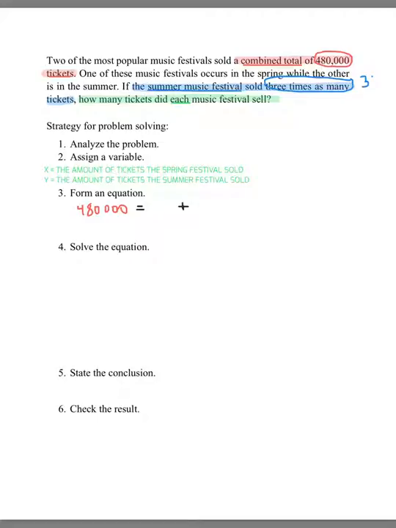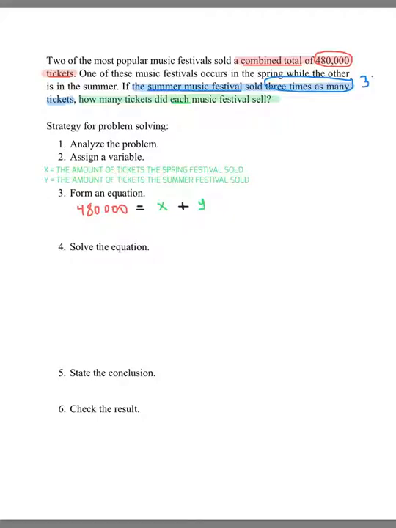And we know that the number of tickets sold at the Spring Music Festival is represented by X, and the number of tickets sold at the Summer Music Festival is represented by Y. So this first equation here represents the fact that a combined total of 480,000 tickets were sold.